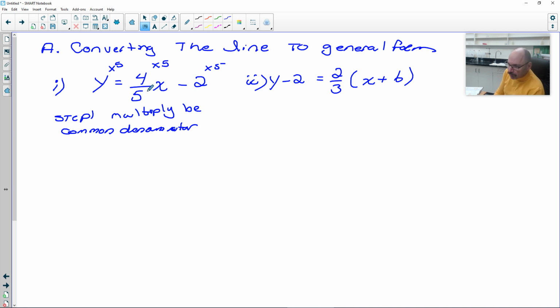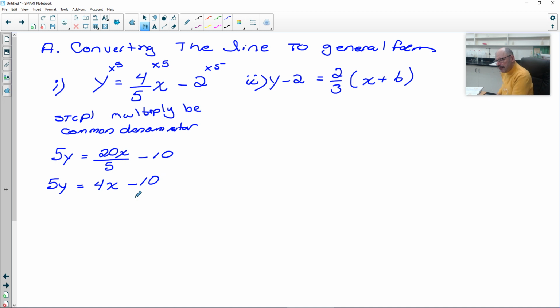Something over 1, y over 1, or negative 2 over 1. So I get 5y equals 20x over 5 minus 10. So I get 5y equals 4x minus 10. Then step 2 is to move everything to the left or the right of the equal sign. Collect all the terms to one side of the equal sign.